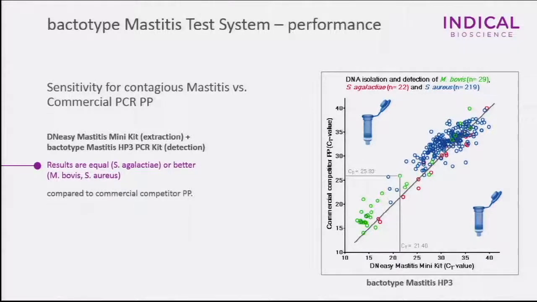Here shown as an example for those dots, in this case, there was a CT of 21 in our system versus 25.9 in the other PCR system, which means all those dots above this line indicate a higher sensitivity of this new PCR system, and this was pretty much the case for most of the M. bovis and Staph aureus samples.